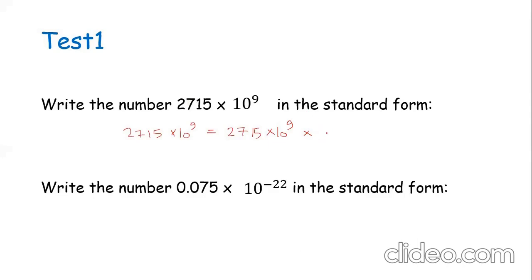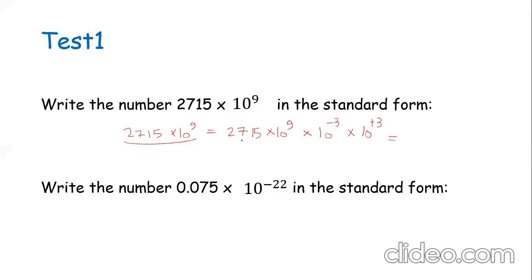So we multiply by 10 to the power of minus 3. And we have also to multiply by 10 to the power of 3 because this is equal to 1. So the result will still be equal to this number.